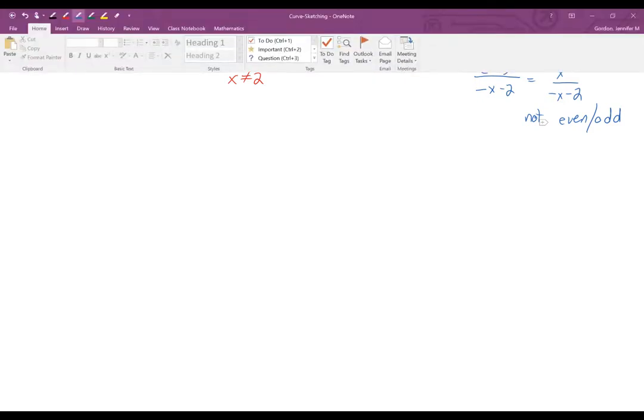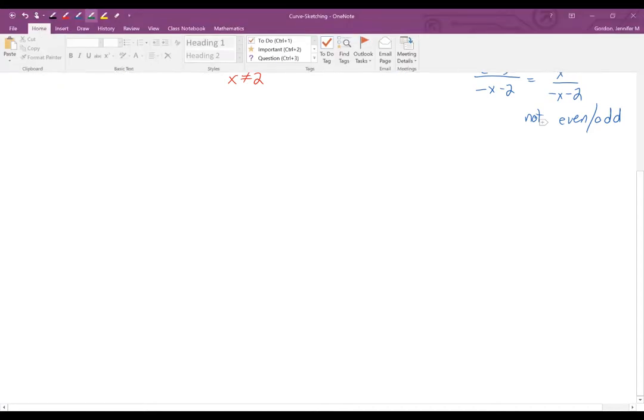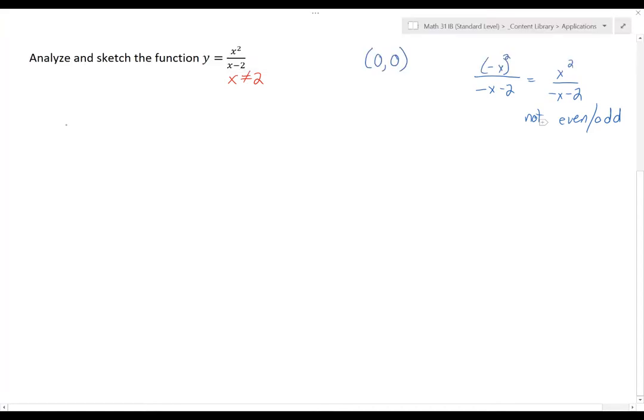So for the vertical asymptote, I consider the limit as x approaches 2, from both the right and the left, because I can see right away that there's no common factor of x minus 2. So this isn't going to be a point of discontinuity. I'm not going to have a finite limit.